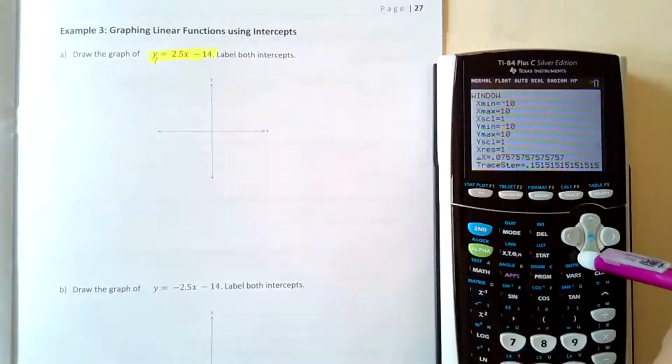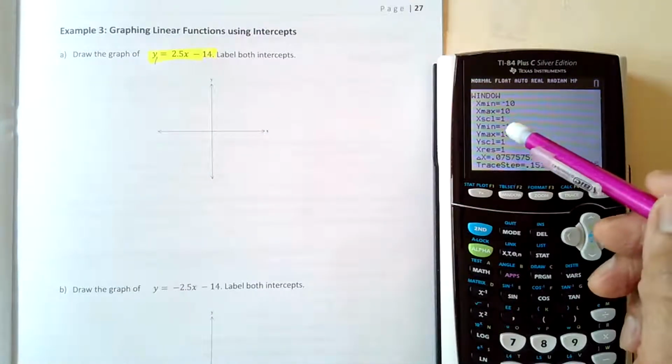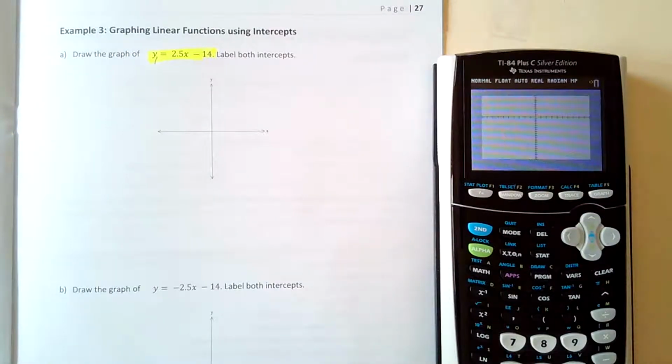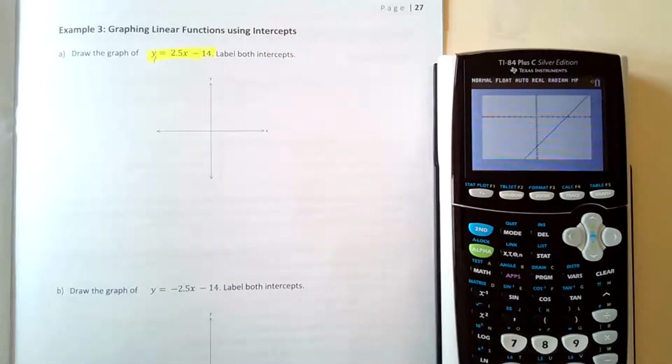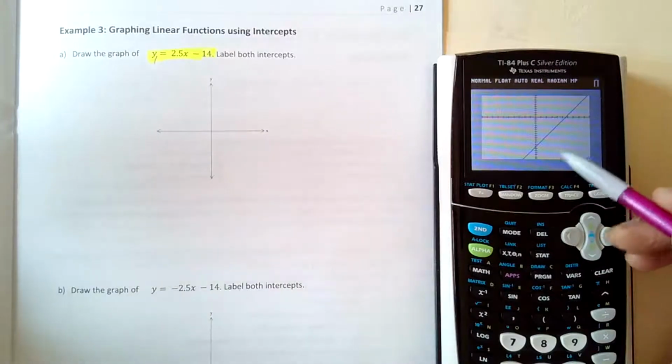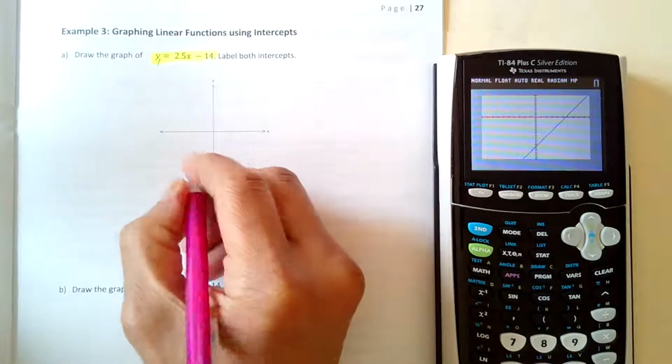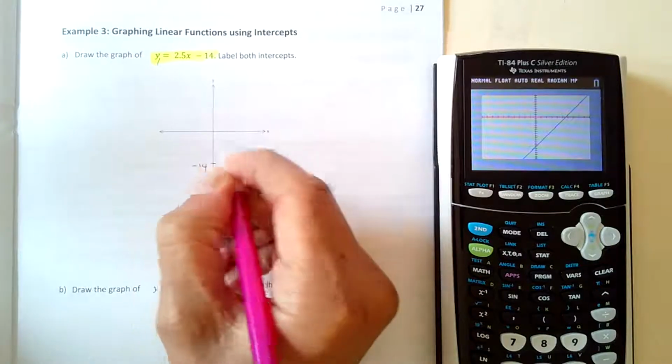So I'll go down to y minimum and make that negative 20. Here you can see my x and y intercept.